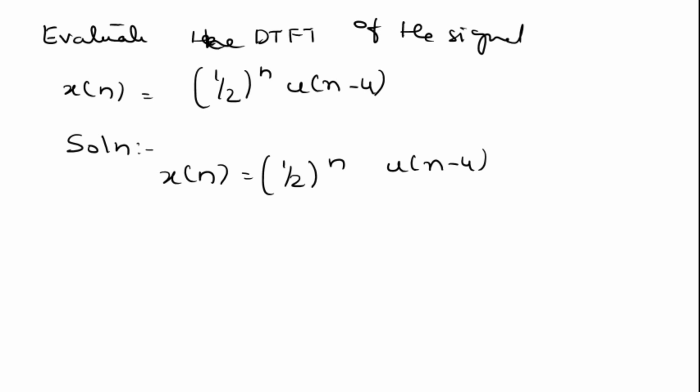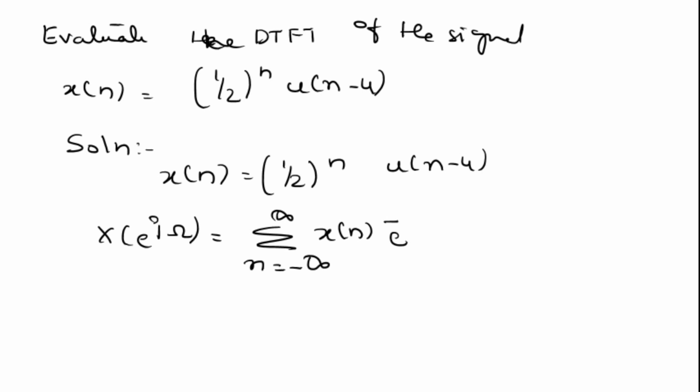and we know that X of e power j omega is equal to summation n is equal to minus infinity to infinity x of n into e power minus j omega n.